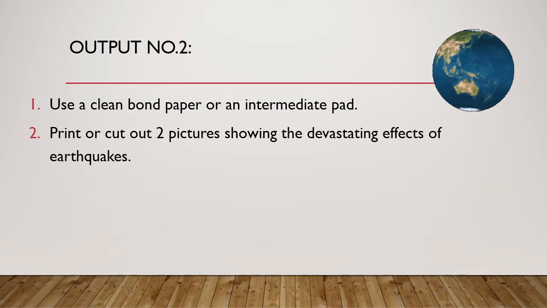You can cut out two pictures showing the devastating effects of earthquakes. You can print two pictures showing the effects of earthquakes on the ground or on the buildings, or if you have an old newspaper, you can look there for news clippings and cut out the pictures. Or if you have magazines, use them, cut them, and then paste them on your band paper.